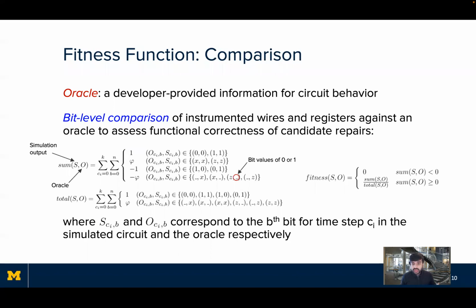Note that the underscore here represents a don't care bit. The formula for the total fitness works in a similar way, so I'll not go over it in the interest of time, but overall we find that our fitness function is highly effective at rewarding incremental changes to a circuit's design code that bring the design closer to repair. And I'll show this later for our research questions as well.